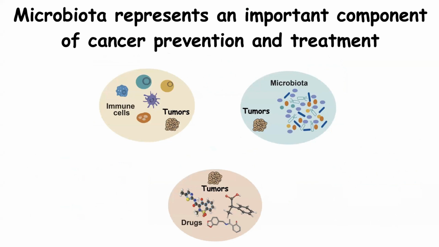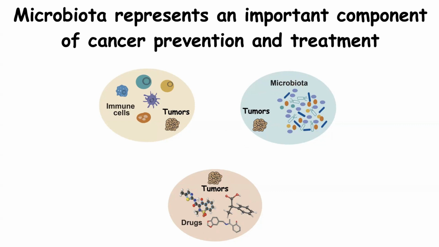But what I've shown you today overall is that you have a relationship, immune cells and tumors, that people know in cancer is very important. We have drugs and tumor interaction, right? If you think about responsiveness. And I told you about microbiota and tumors, either development or blockade.